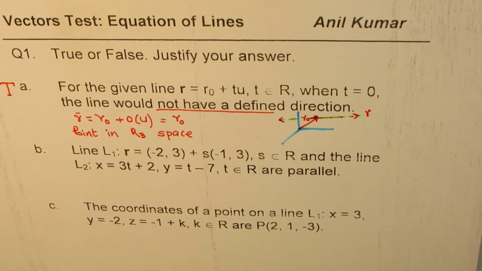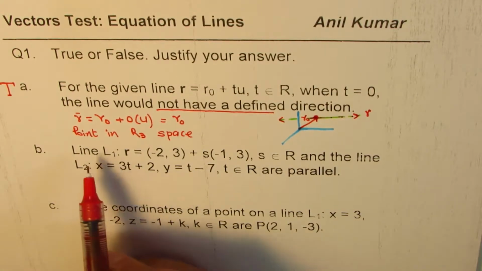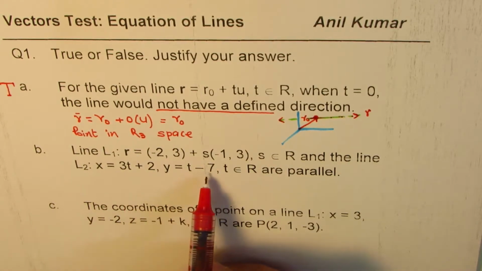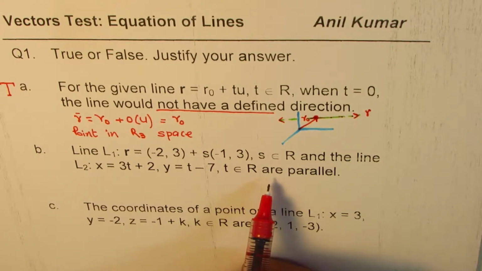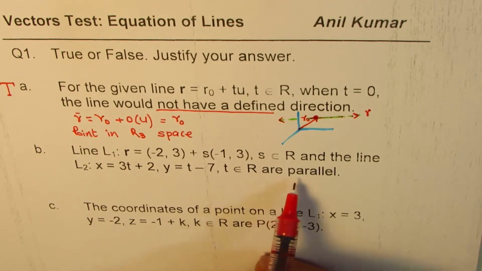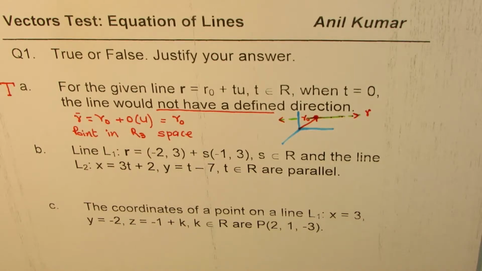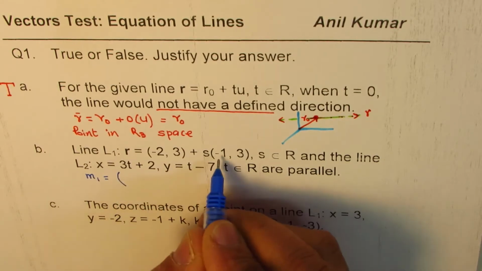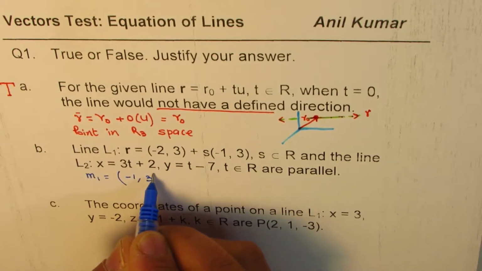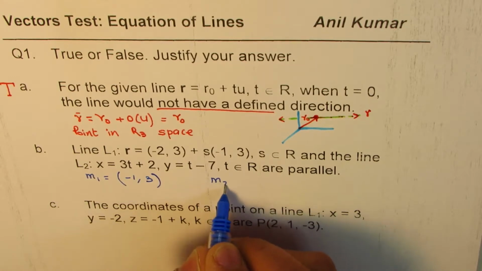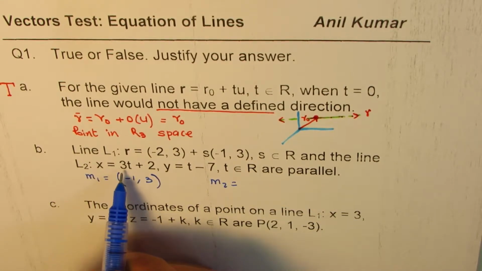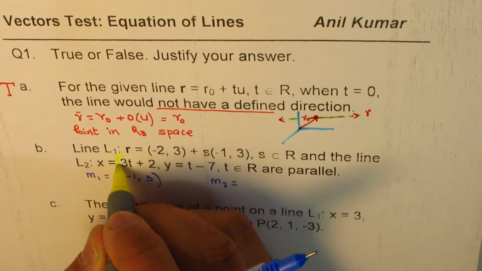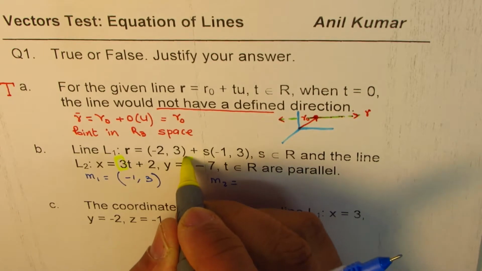Now the next statement is, we are given this line where s could be all real numbers and the other line, and we are saying they are parallel. Is it true or false? For that you can find the direction vectors. For the first one, let's say m1 is (-1, 3). For m2, the x value is 3t, so 3 gives you the direction part, and the y value is t.